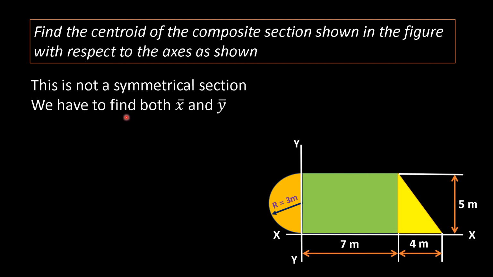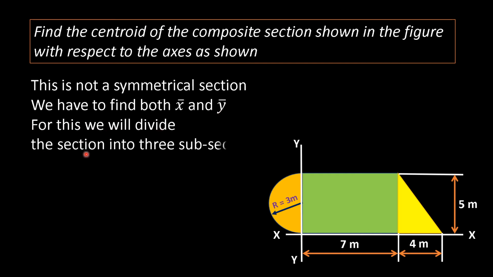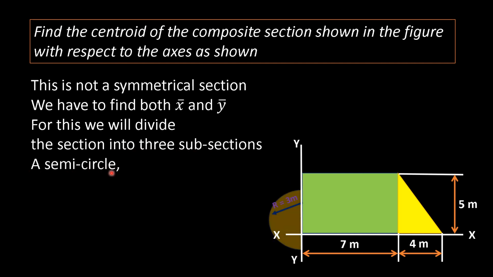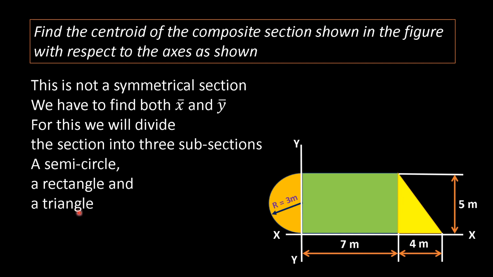We have to find x bar and y bar both. For this, we will divide the section into 3 subsections: a semicircle, this, a rectangle, this, and a triangle, this.